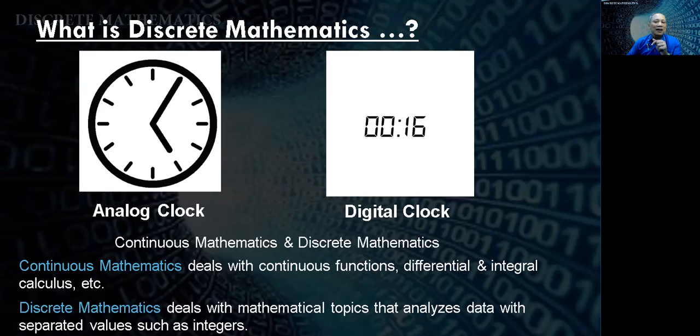Of course, some would argue, what about the resolution? When we see the digital clock, the resolution goes only down to 1 second to the power of -1, right? But when we talk about the analog clock, it has infinite numbers of values within any range.